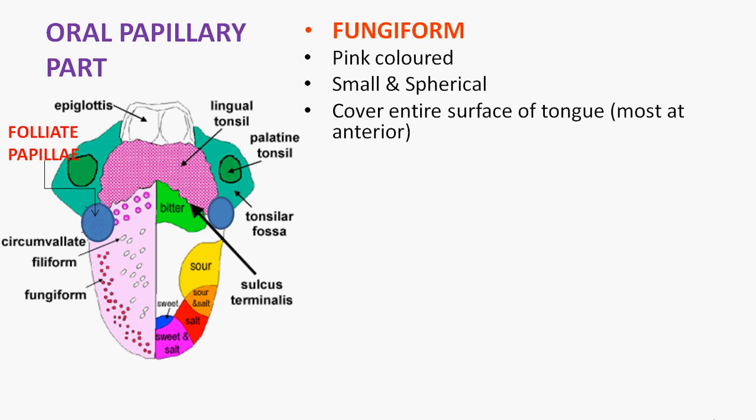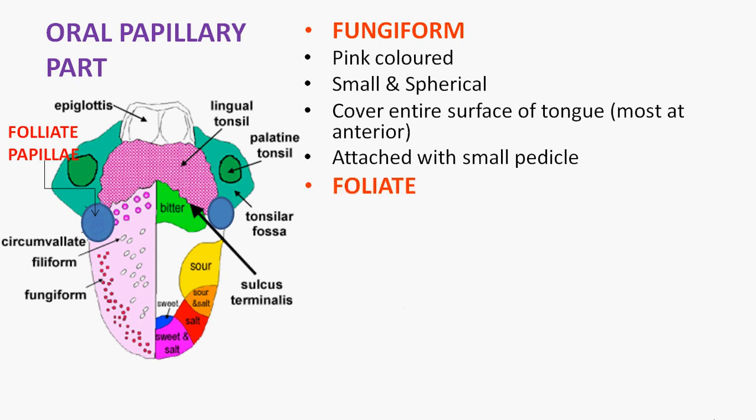You can see there in the diagram the small bubbles from the tip moving towards the lateral ends, those are the fungiform papillae. They are attached with a small stalk-like structure called pedicle. As they are pink in color, they provide pink color to your tongue.